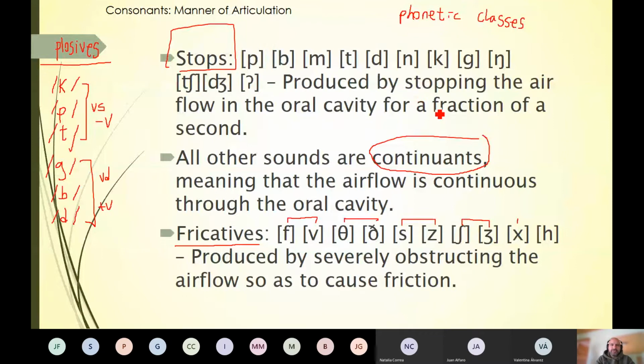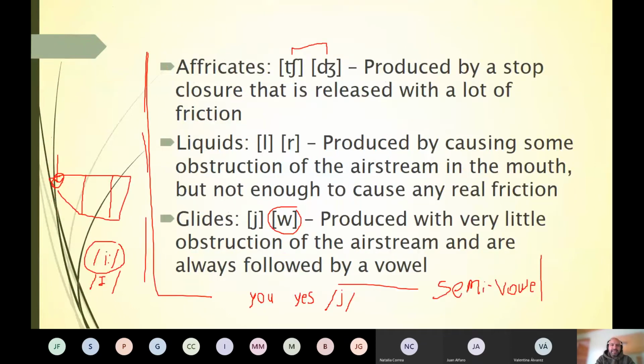Okay, so these are two phonetic classes, stops and continuants, that we didn't talk about before. But in general, all of the sounds in which there's a continuous flow of air are called continuants, and all of the sounds in which there is some sort of block to the airflow for at least a brief moment are called stops.